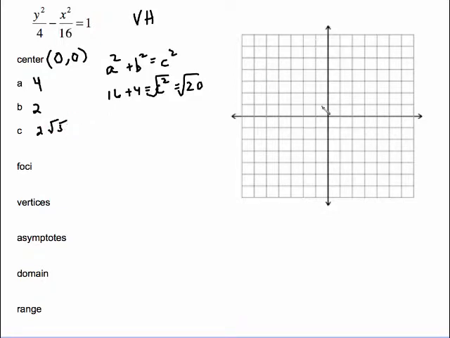So let's get the a and the b on the graph. There's our center. Go over 4 in the right direction, 4 to the left, go up 2, go down 2, and that is going to help me get this box drawn. So I just draw the box the best I can with this little tool.